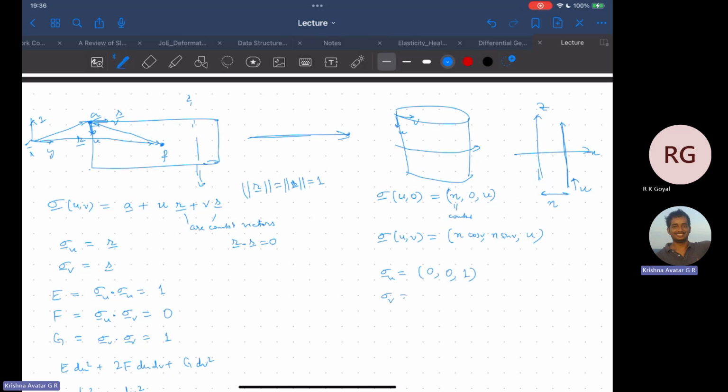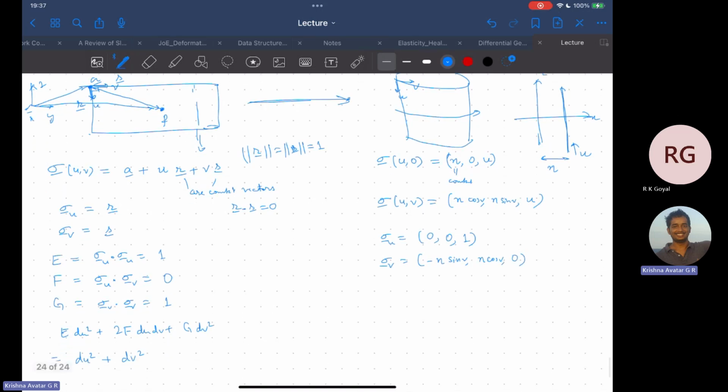And then sigma v is equal to (minus n sine v, n cosine v, 0), which is expected, right? Now let's take a look at the coefficients. So E, now let's call it E tilde. So I should have called tilde everywhere. Okay. E tilde is equal to sigma u tilde dot sigma u tilde.